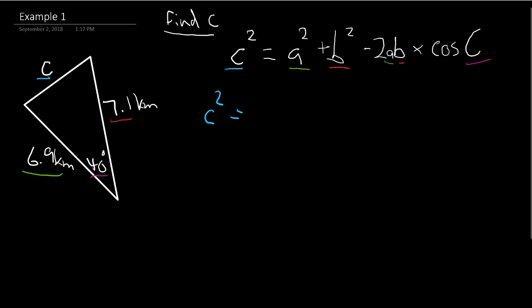But A is going to become 6.9 squared plus, well, red is our 7.1, 7.1 squared, minus our 2 times AB, so 2, and in brackets I'm going to have 6.9, and then another bracket, 7.1.